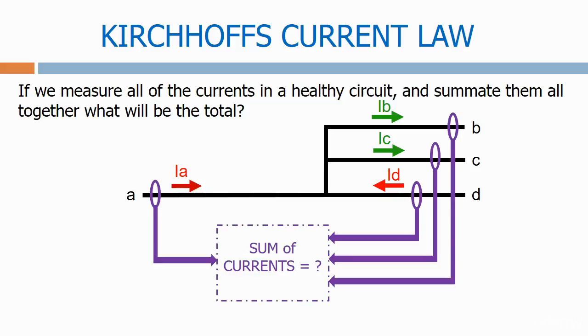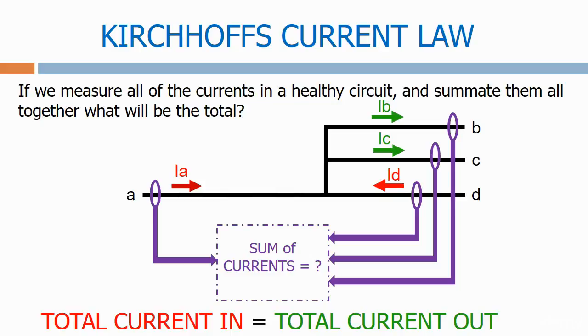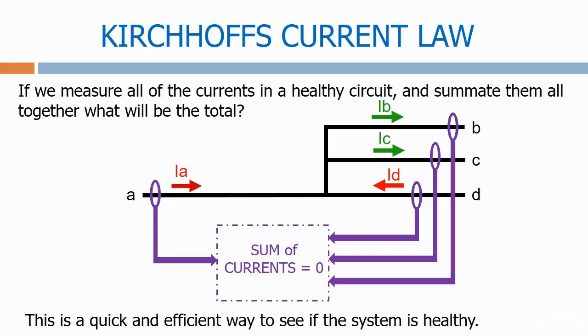Here we've measured ends A, B, C and D, so what will be the sum of the currents? In Kirchhoff's current law, total current in equals total current out. Therefore, the sum of the currents must equal 0. This is a quick and efficient way to see if the system is healthy.